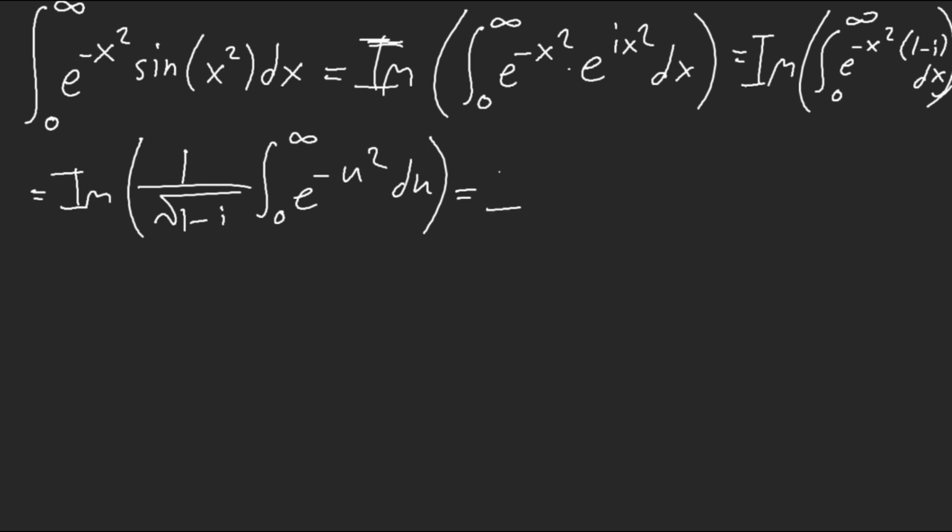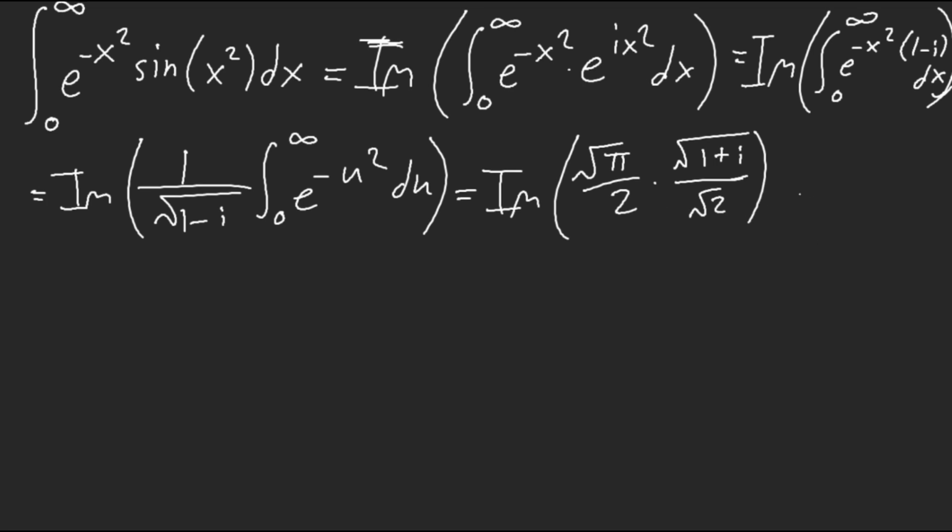And now we just have to deal with complex algebra. That's it. That's the most annoying thing to deal with, is the complex algebra. I'm going to actually conjugate that. And this would be square root of 2, square root of 1 plus I.